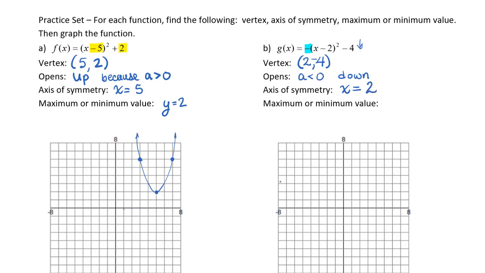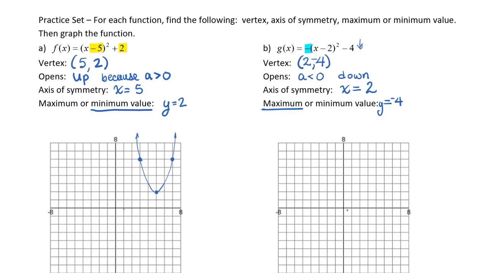And we know that the function is opening down, so it will have a maximum at negative 4. Previously, when we had a positive value for a, we had a minimum value at y equals 2. Now let's go ahead and graph this.